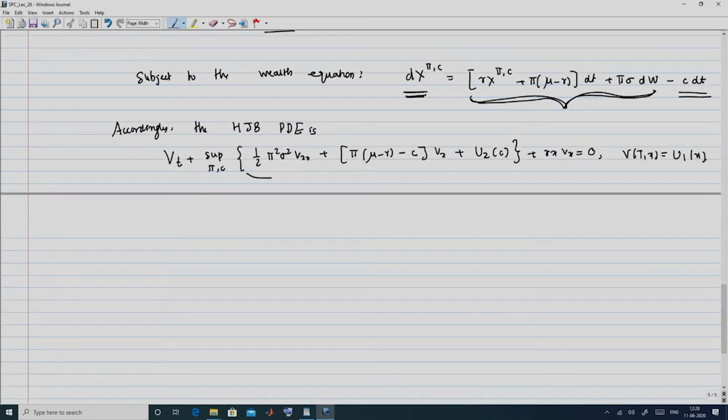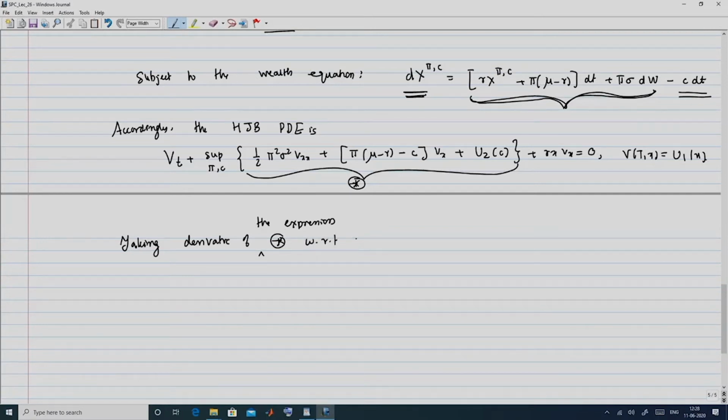Okay, so now we need to take the supremum of this expression here. Let me identify this expression as star. Taking the derivative of the expression star with respect to c, we get the following. There are only two terms comprising c, this term and this term.